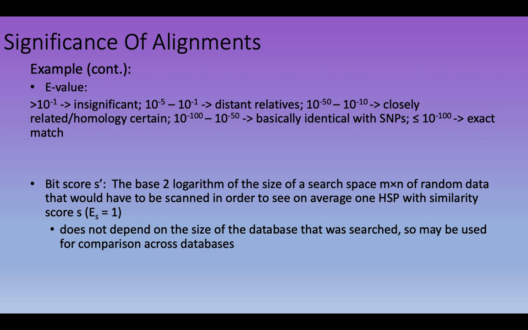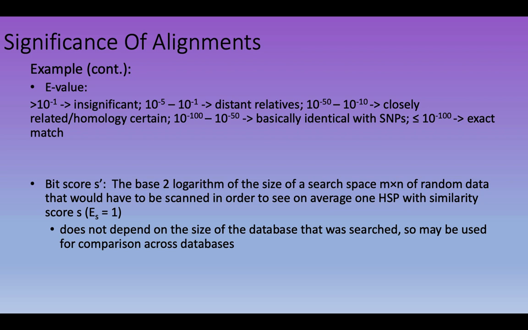This is really useful because a lot of times we might be comparing results from different search spaces, from different parameters. Maybe we're comparing searching one database versus another database.